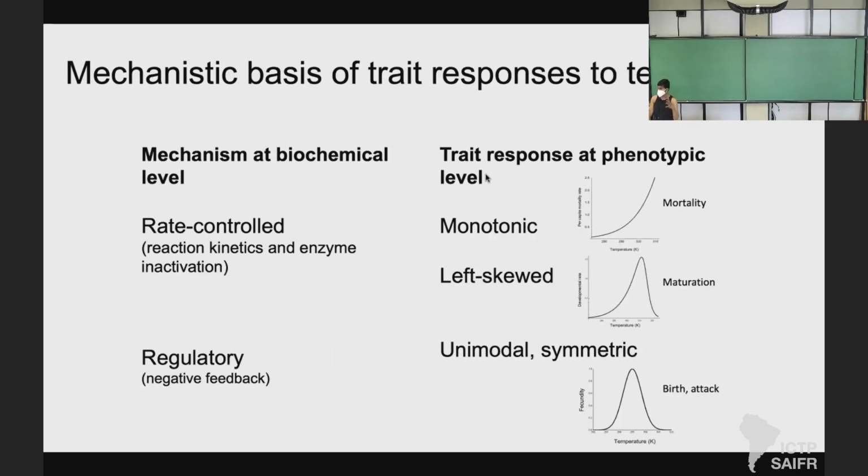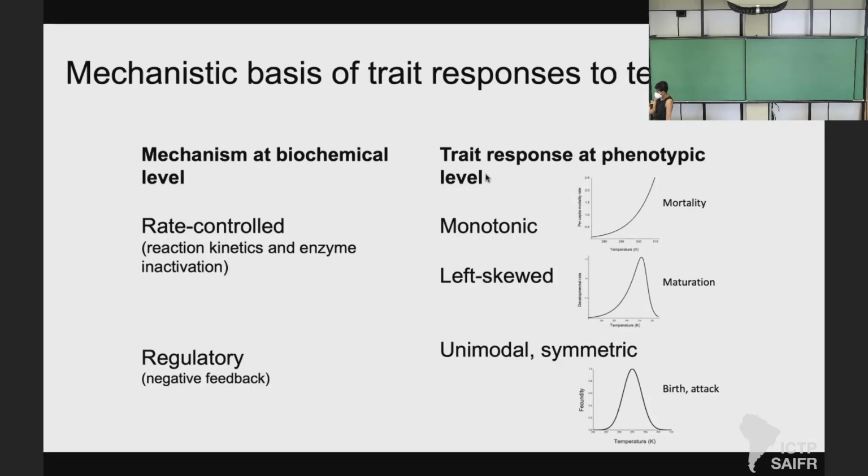So I'm going to sort of talk about this underlying biochemical basis very briefly. If you look at any of my papers, there's a lot of this stuff worked out. So we can identify 2 types of processes depending at the biochemical level, depending on how temperature affects the underlying biochemical processes.